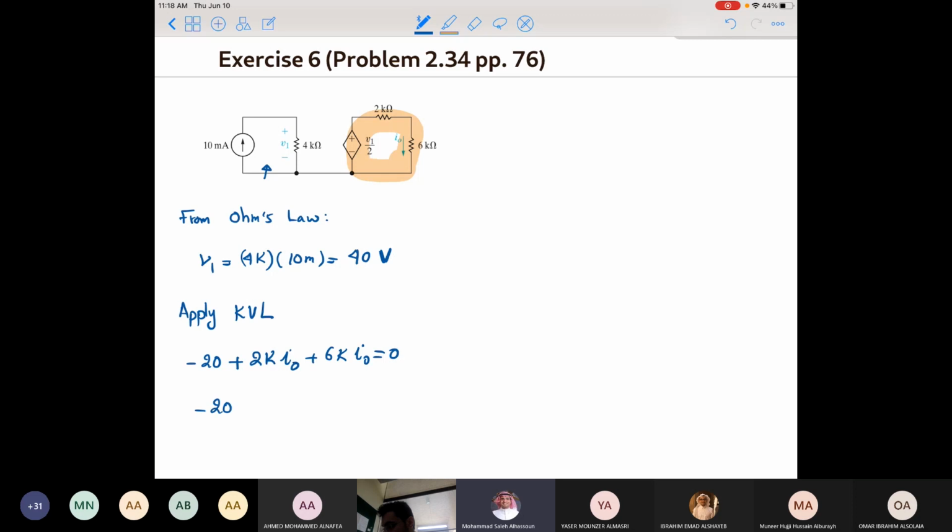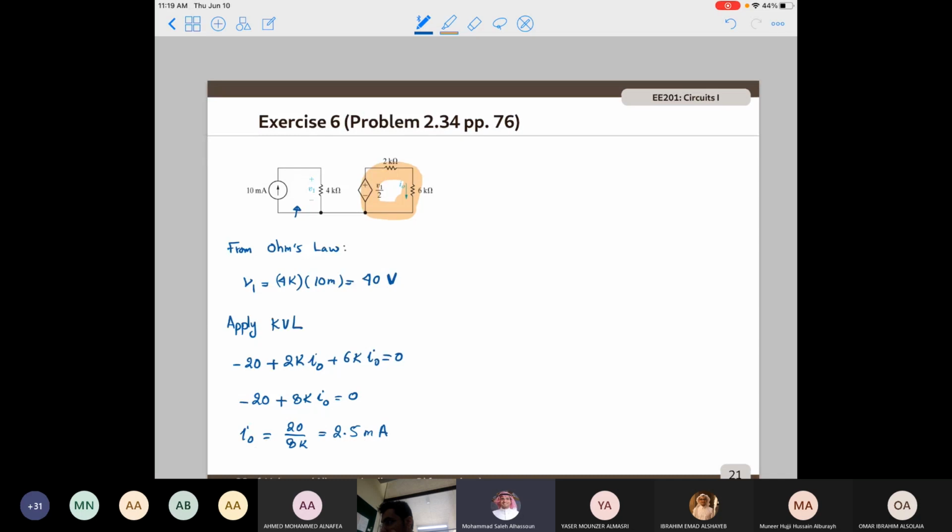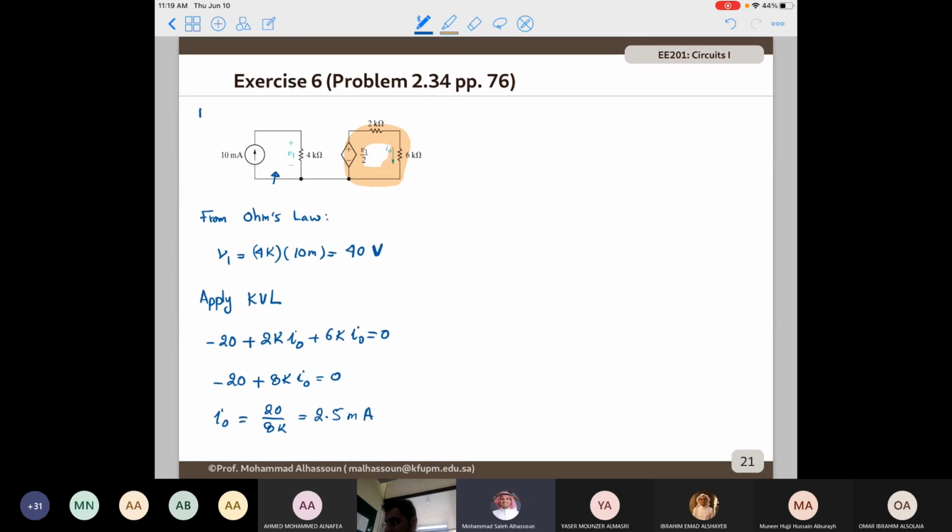So it's going to be minus 20 plus 8K I naught equals 0. If we solve for it, we'll end up with 20 over 8K, and this is going to give me 2.5 milliamperes. So this is the first part.